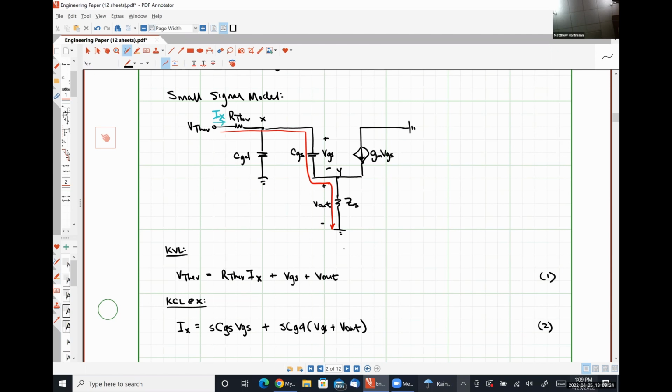So flowing in, we are going to have a factor of GM VGS, and a factor of SCGS VGS. And then flowing out, we're just going to have V out over ZS, or V out times the admittance of ZS.